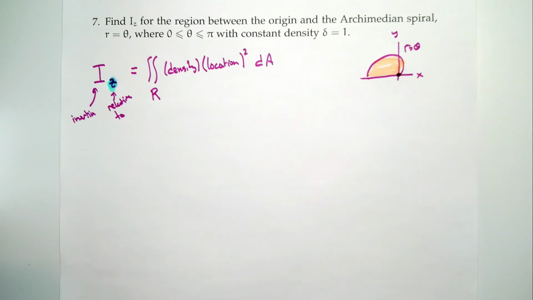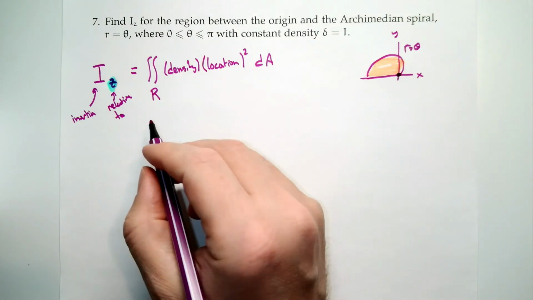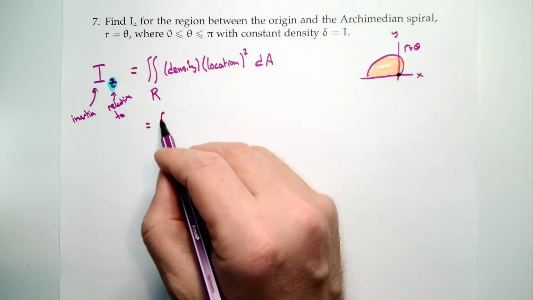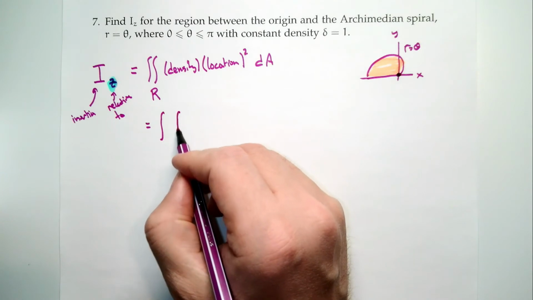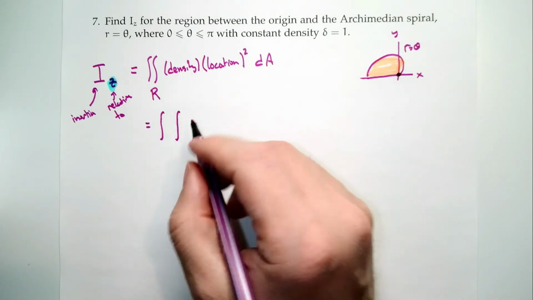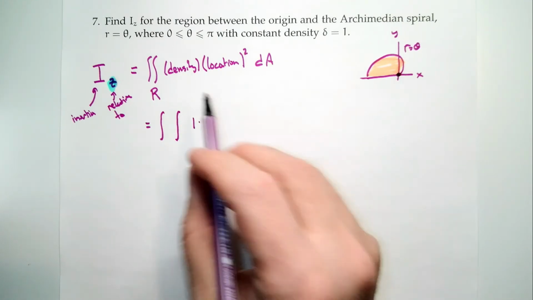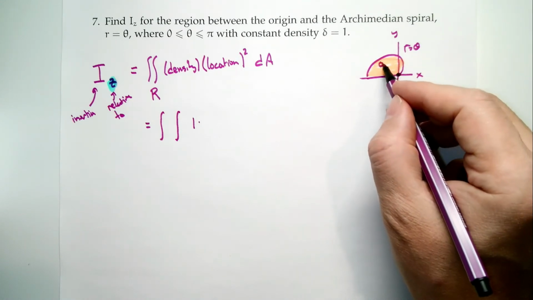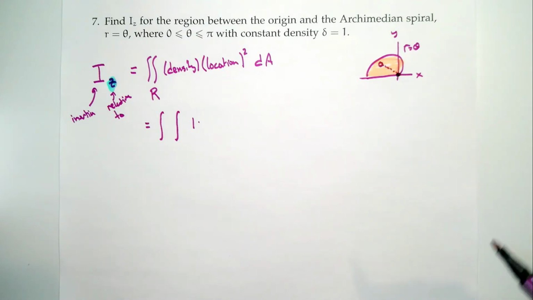Okay, good. So, our region, well, we're going polar again. No surprise, given our region is described in terms of polar. Density is 1. Now, location says, you think of taking a little tiny piece and ask, how far is it from the origin?